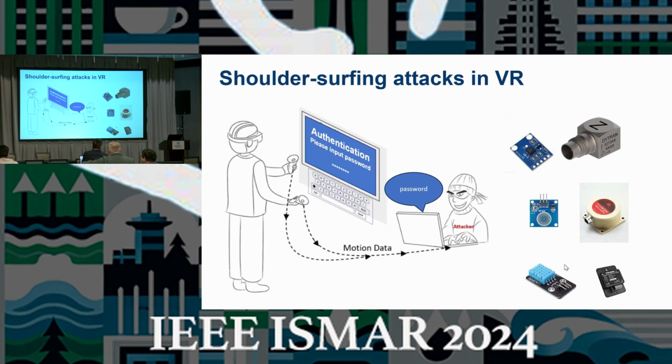Unlike traditional setups, VR keyboards are not visible to onlookers, and while cameras, microphones, and GPS are known privacy concerns, there are also less known sensors such as accelerometers and gyroscopes that pose privacy risks and often do not get the same level of protection. So even if capturing video footage of someone typing a password in VR is difficult, other sensors, such as those in VR controllers, can still compromise security by capturing data about users' movements.